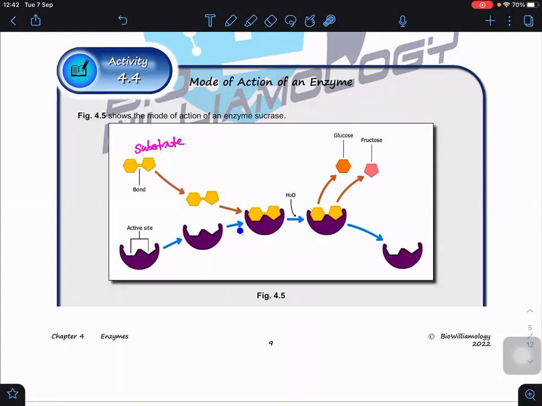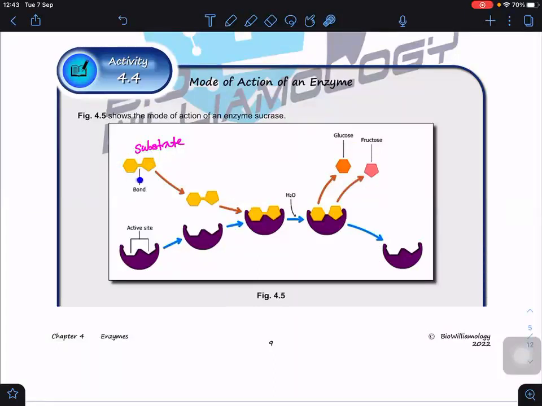So therefore, the ES complex can be formed. The formation of the ES complex, in this case, lowers the activation energy. Because the temporary bonds are formed, the activation energy is lowered, the reaction takes place, the products can be released, and the enzyme can be reused. Simple in this case.